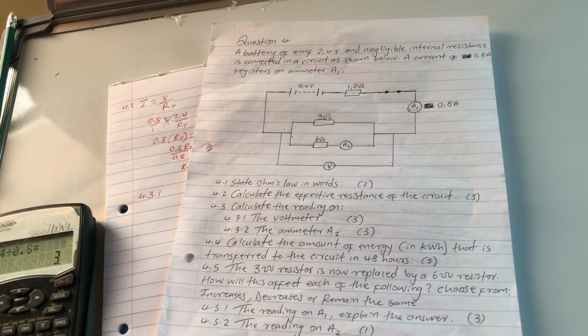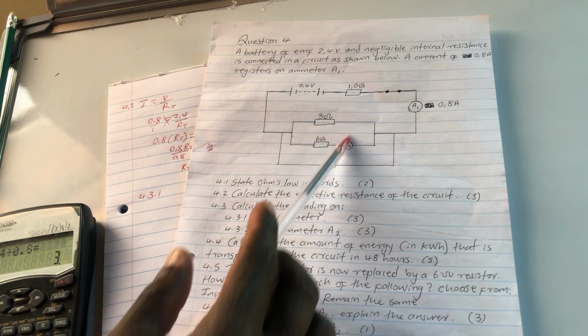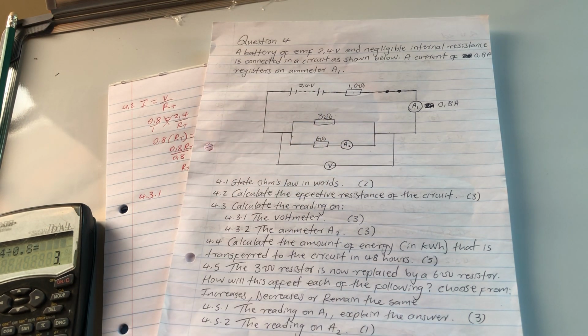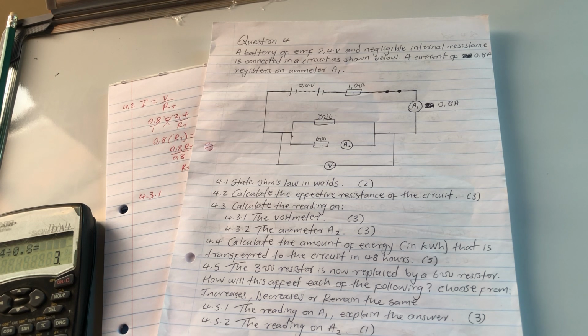Then, after that, if we have the R parallel and the current which is passing here, it will be easy for us to get the voltage. So let's do it and see what will happen.